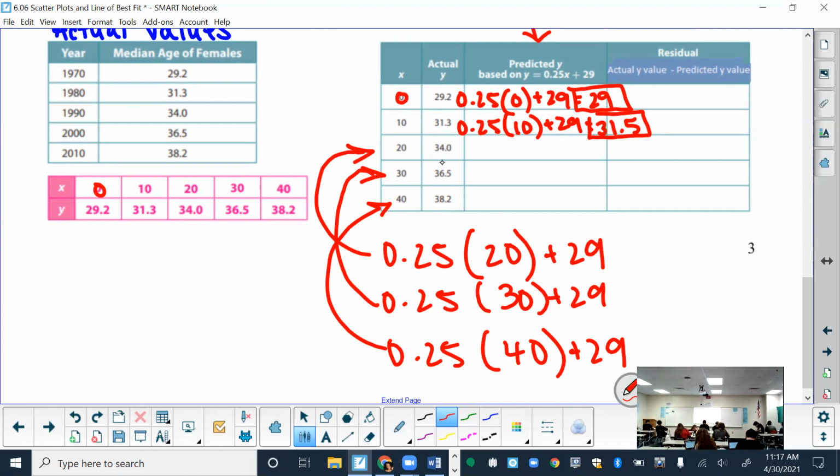You can use a calculator. You don't have to make it harder on yourself. You can use Desmos.